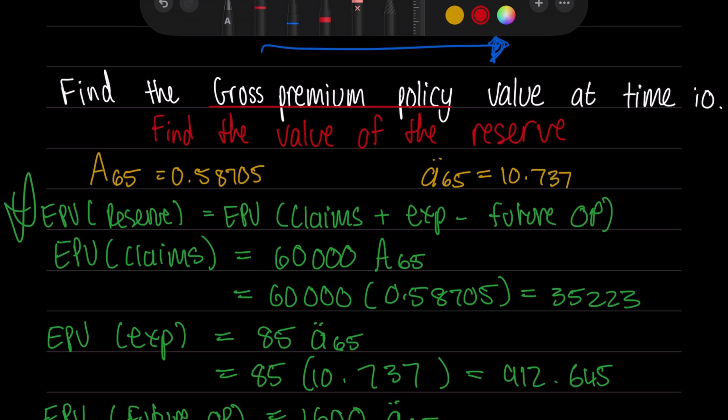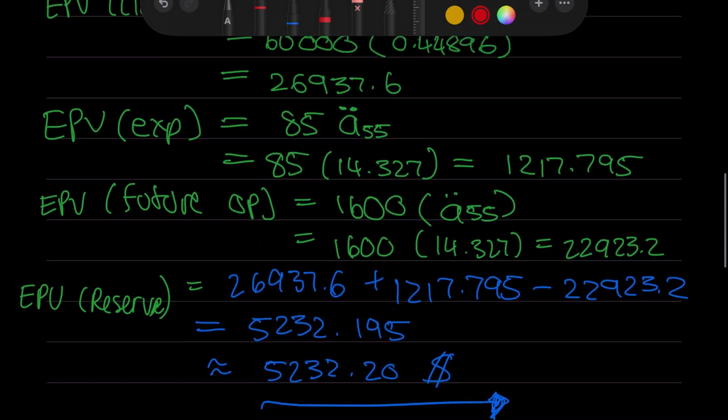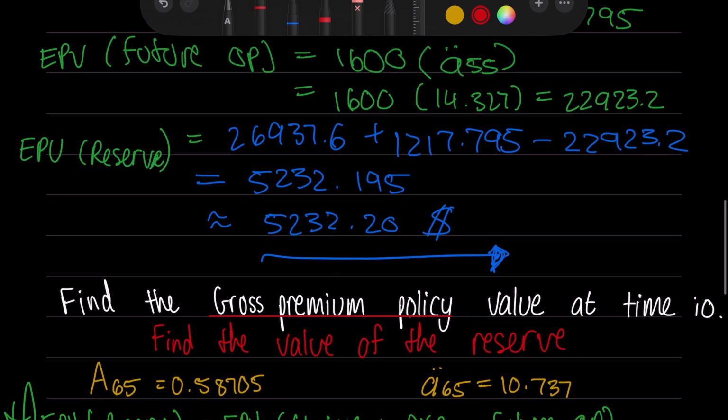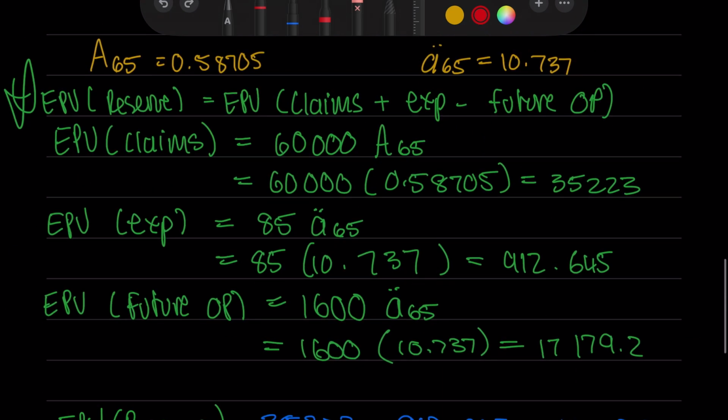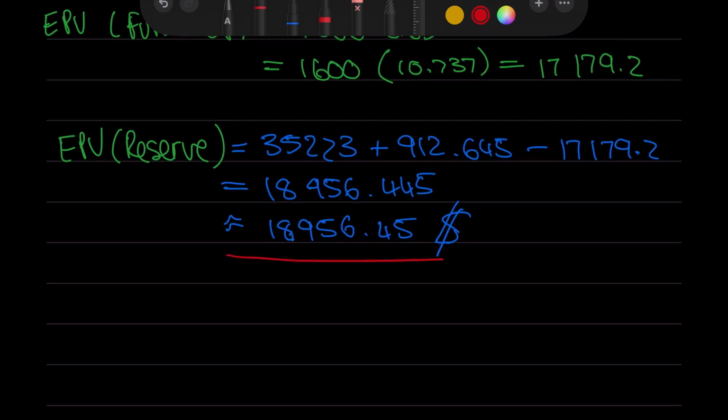Cool. Let's interpret our answers real quick. I'll do it in red. So when this person was aged 55, we only needed a reserve of 5,200 and something. Now we need a reserve of 18,000. That's a whole lot bigger. So to think of this intuitively, let's see what's actually going on. You can think of it like this. The cost of insurance is increasing with age because mortality rises.